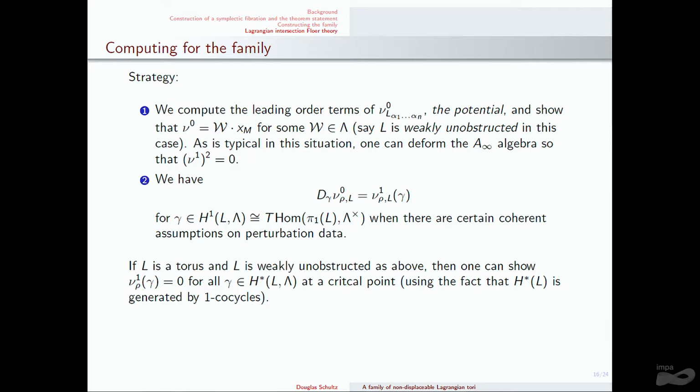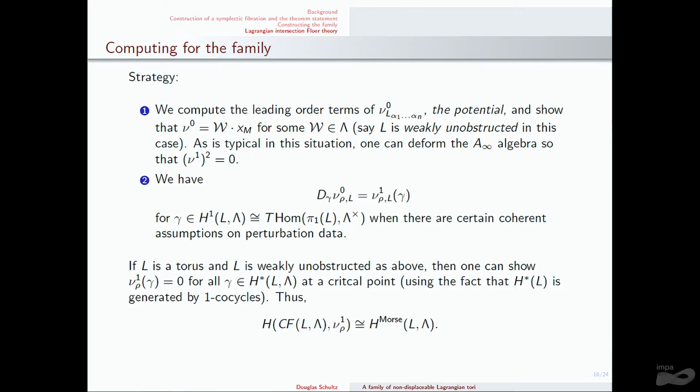So if L is a torus, like in this situation, it's weakly unobstructed, like I mentioned, then one can show that you have this for all Morse cocycles, that the Floer differential vanishes once you take the 0th order part of the Floer differential, which only counts Morse trajectories, at a critical point of the local system.